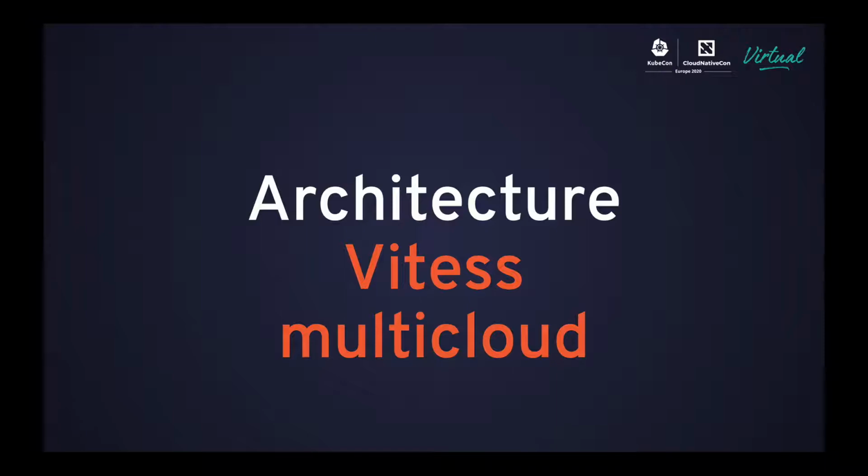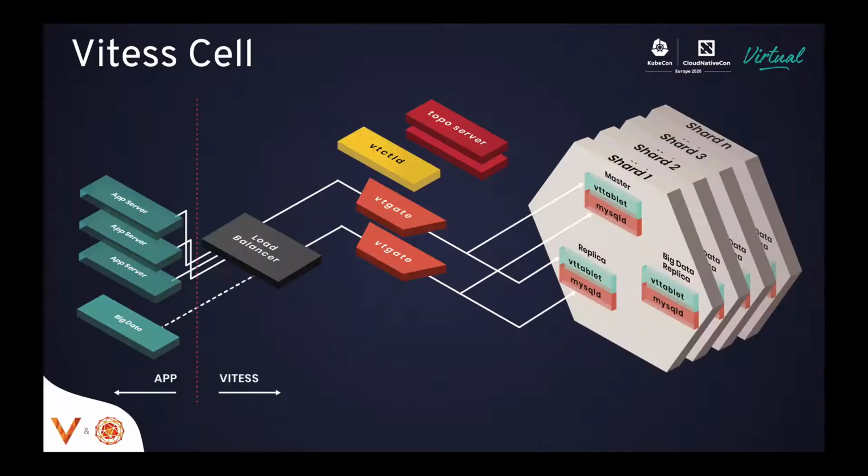Vitess is already built with availability in mind by replicating shards across failure domains. Vitess multi-cloud takes this concept and applies it to whole cloud providers. In Vitess, a failure domain is mapped to a cell. Each cell usually contains a set of tablets, VT gates, and application servers.